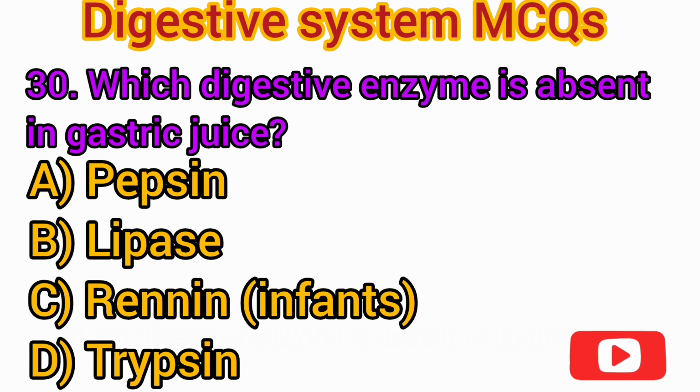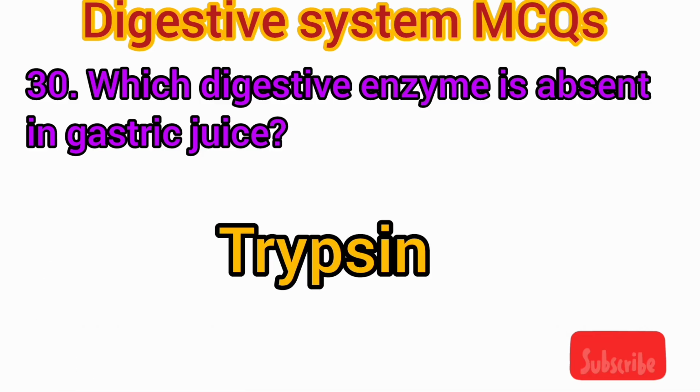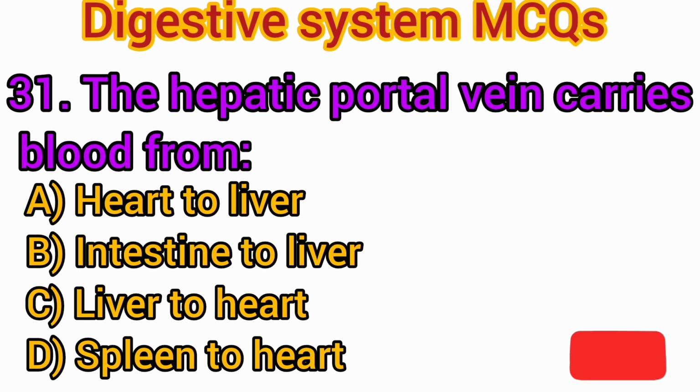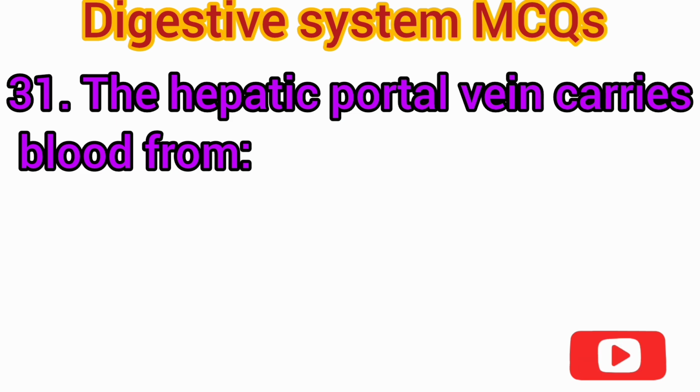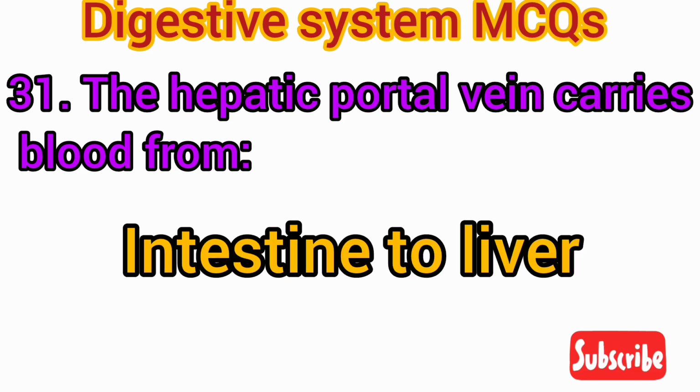Which digestive enzyme is absent in gastric juice? Trypsin. The hepatic portal vein carries blood from... intestine to liver.